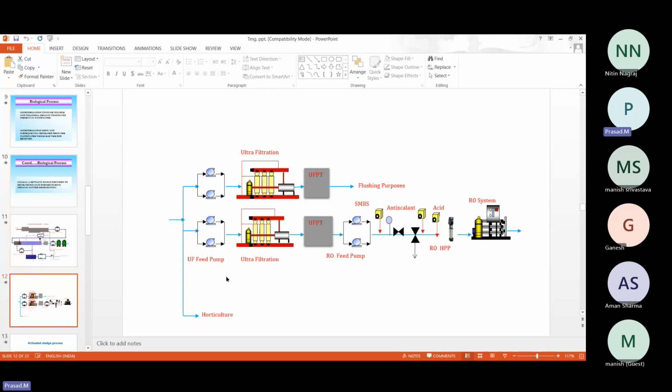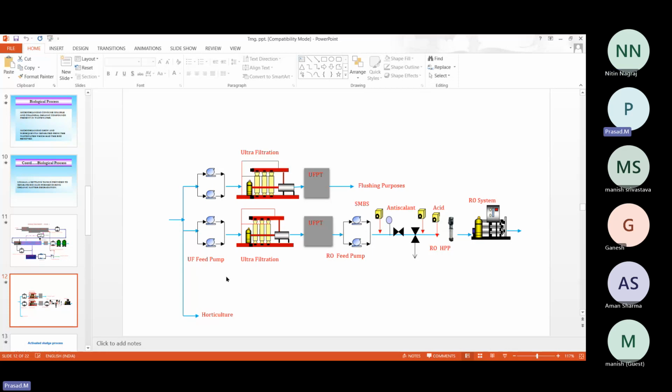Everybody knows, but I observe many people who belong to the water industry, wastewater industry, but they don't know ultrafiltration. Many people get confused between softener and RO.